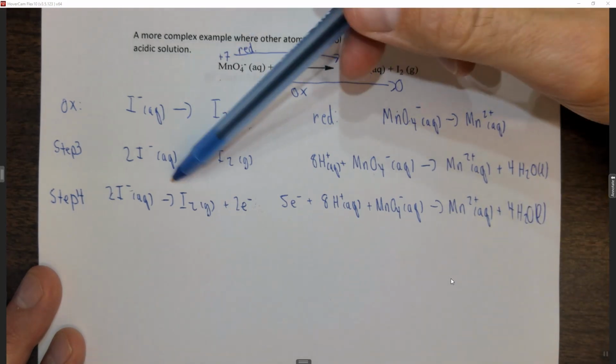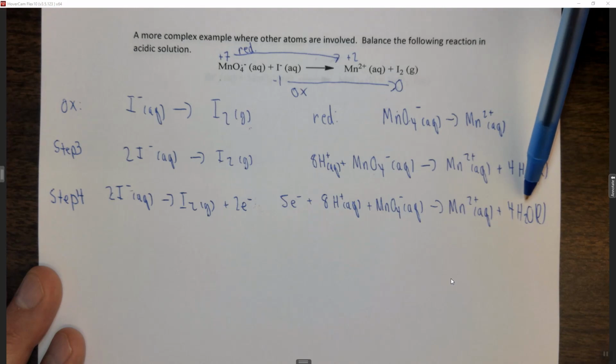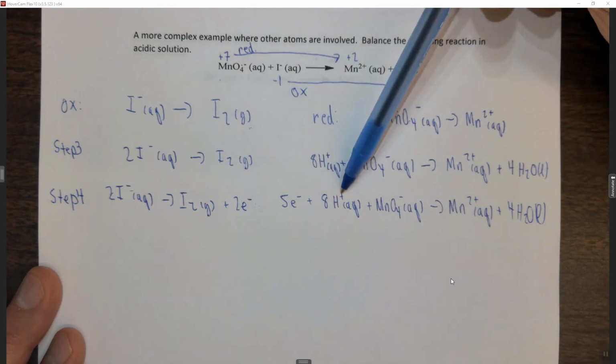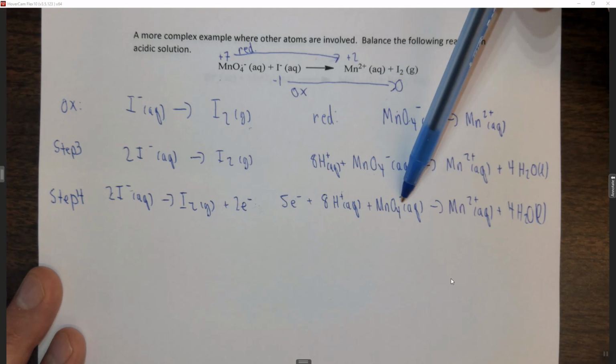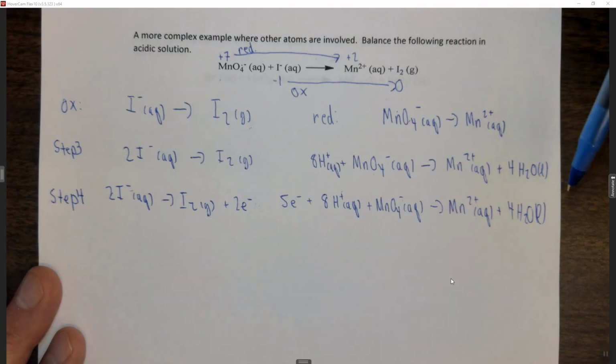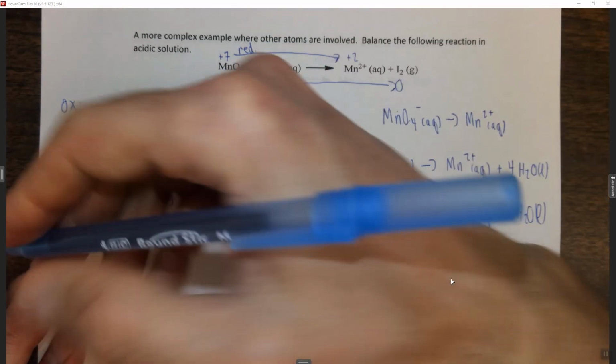All right, so this is basically our charges here. So now we have 5 minus and 8 plus, which is 3 plus, and a minus is 2 plus, and a 2 plus. So now we've balanced our charges on both sides of the oxidation half and the reduction half.